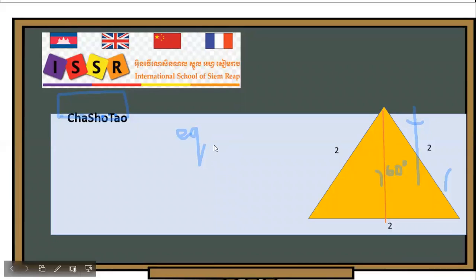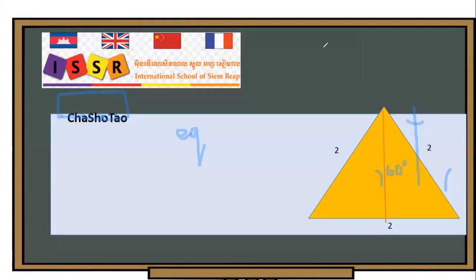So I'm going to look at this triangle that I have here, which is an equilateral triangle, and I've divided it into 2 parts.